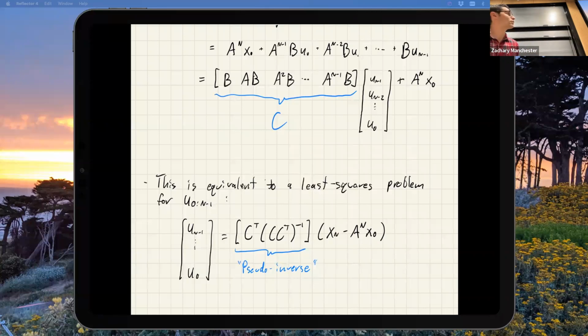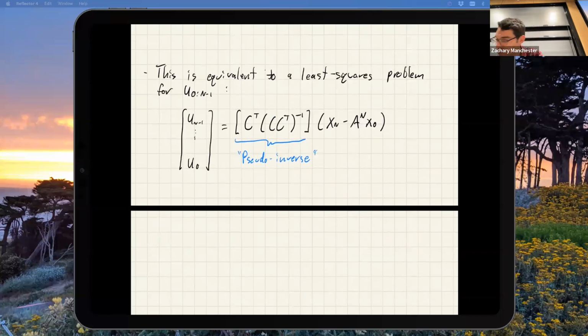And obviously that thing has to be full rank to be invertible. Can anyone tell me a condition on C itself for that to be true? The rank of C should be the number of states. Yeah. So the rank of C has to be equal to little n, the state dimension, for that to be invertible. That's a necessary and sufficient condition.